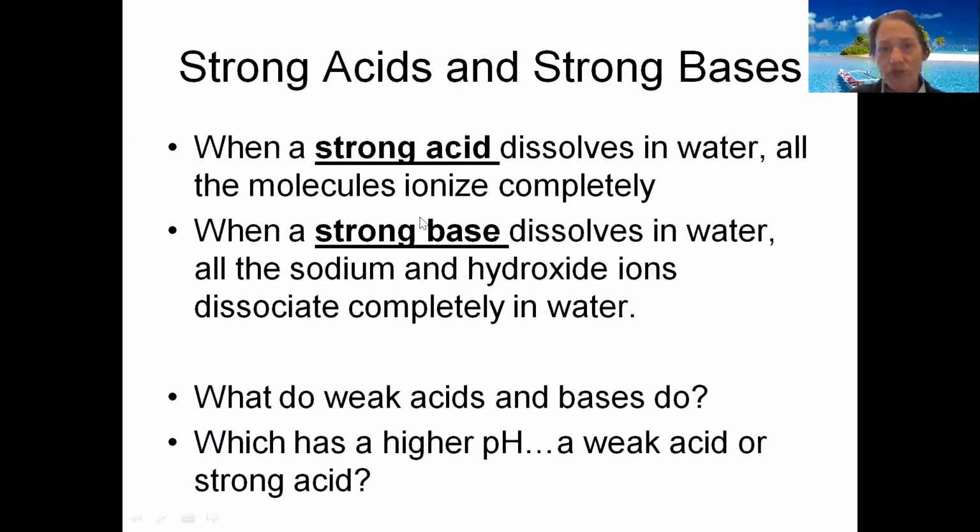Remember, strong bases are OH, hydroxide ions. Strong bases totally, completely dissociate in water. Strong acids completely ionize, all right? So what do weak acids and bases do?